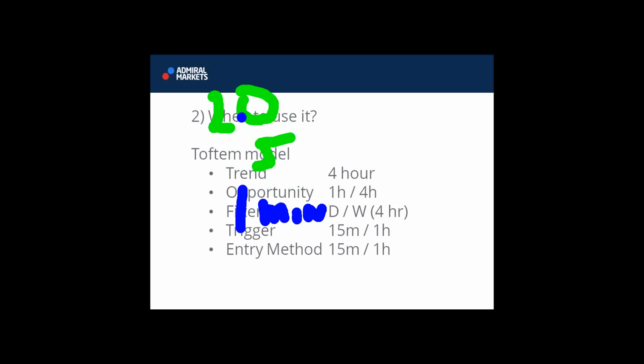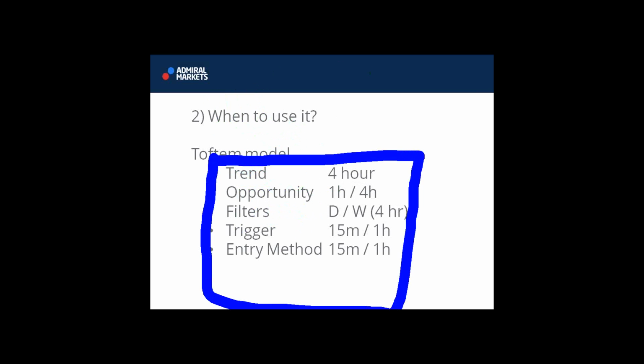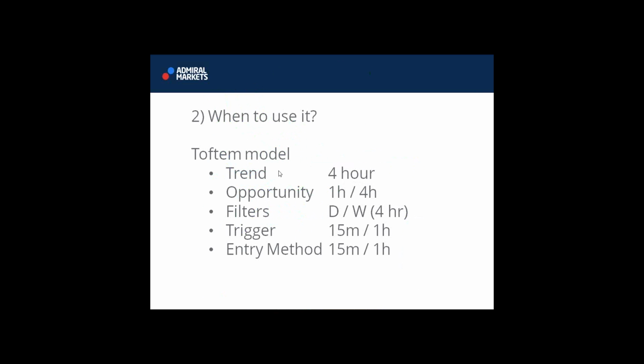So how do we choose what to trade? This model helps with identifying the charts we want to trade. It also helps with understanding which time frames we use for every stage of that model.